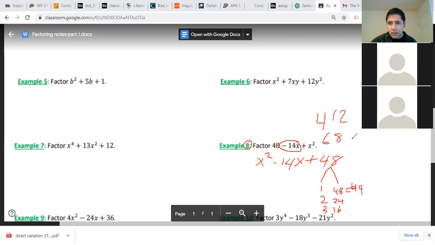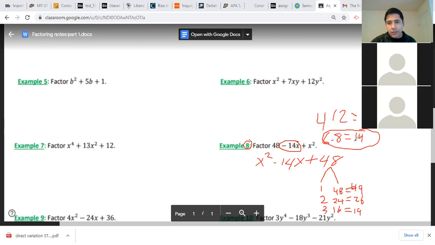6 and 8 add up to 14, right? Because 4 and 12 is 16, 2 and 24 is 26, and 16 and 3 is 19. So it's going to be 6 and 8 that multiply to 48 and add up to 14. But it needs to add up to a negative 14. So what does that tell us? That one of them needs to be negative.